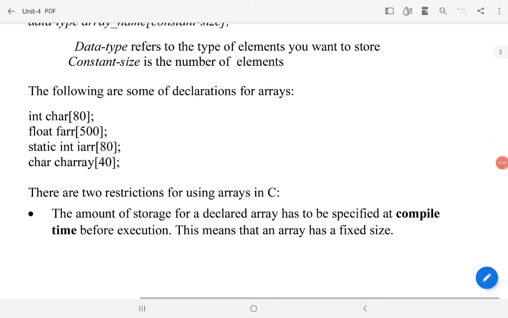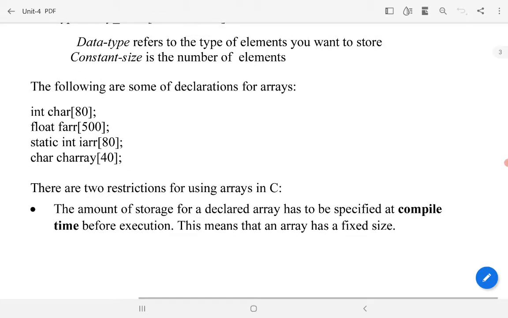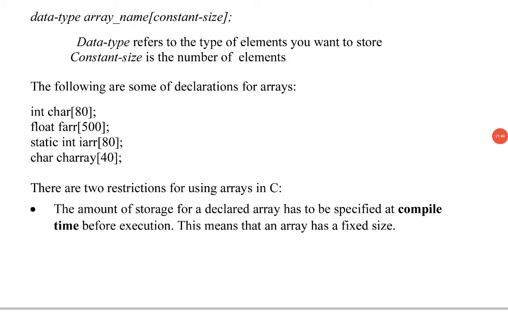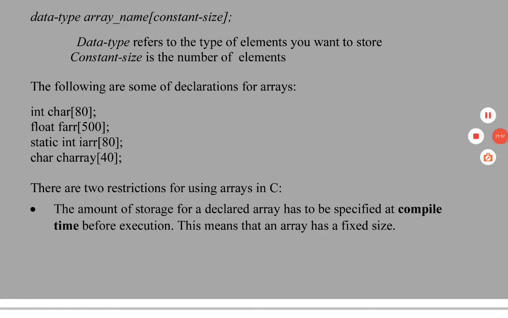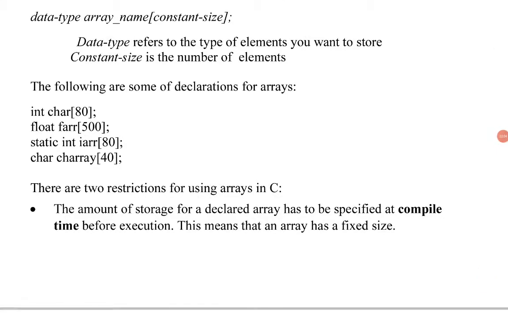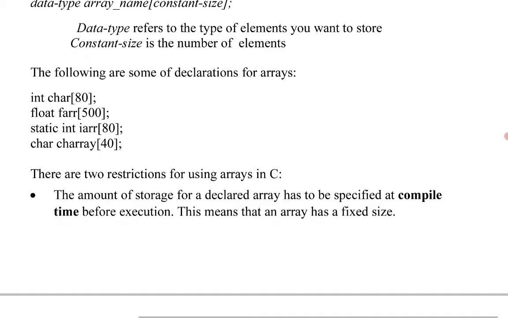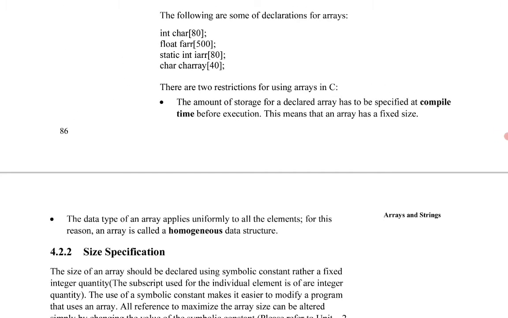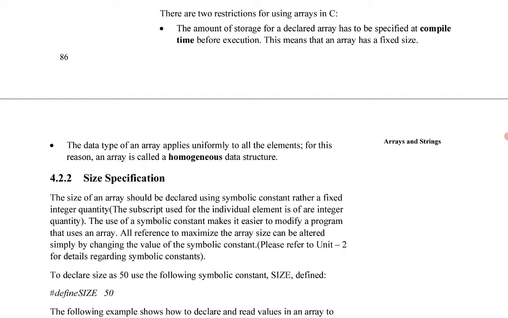There are two restrictions for using arrays in C. The first one is that the amount of storage for a declared array has to be specified at compile time, before execution.